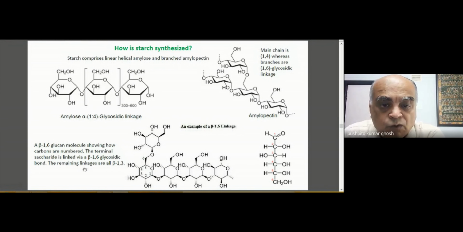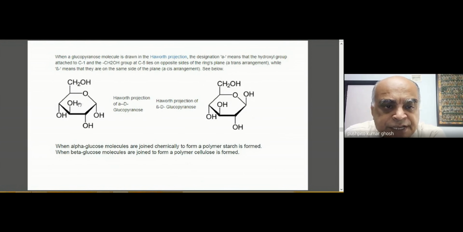If you take the carbon which is number 1, and the carbon at the 5 position, the 5 position has the CH2OH group, and the 1 position is the hemiacetal part, which forms your glycoside linkage.